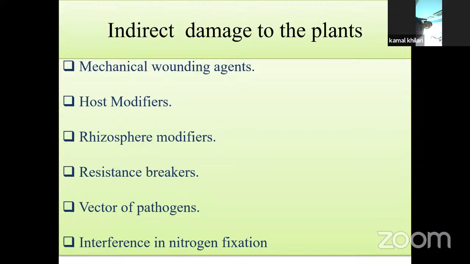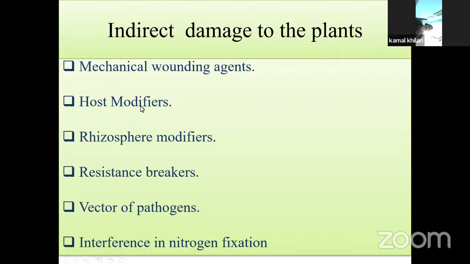So they are providing passage to the other pathogens, bacteria and fungi. In fact, indirectly, they are increasing the disease. That's why wherever nematodes are available in the soil, in these soils there is a huge number of wilting diseases.